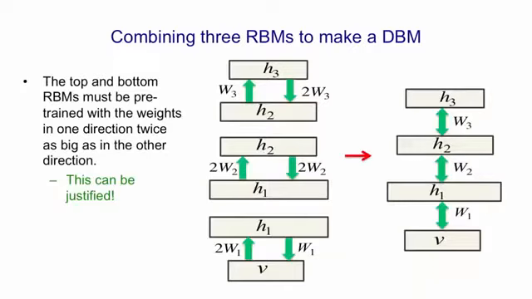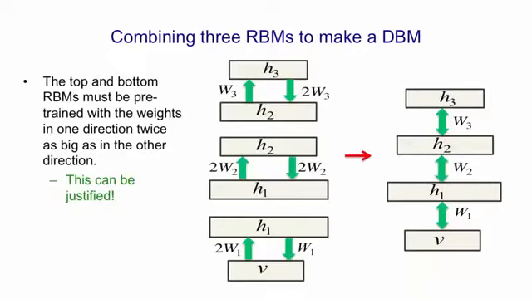And if you look at the deep Boltzmann machine on the right, that's exactly what's being used to infer the state of H1. In other words, if you're given the states in H2 and you're given the states in V, those are the weights you'll use for inferring the state of H1. The reason we need to halve the weights is so that we don't double count. You see, in the Boltzmann machine on the right, the state of H2 already depends on V. At least it does after we've done some settling down in the Boltzmann machine.